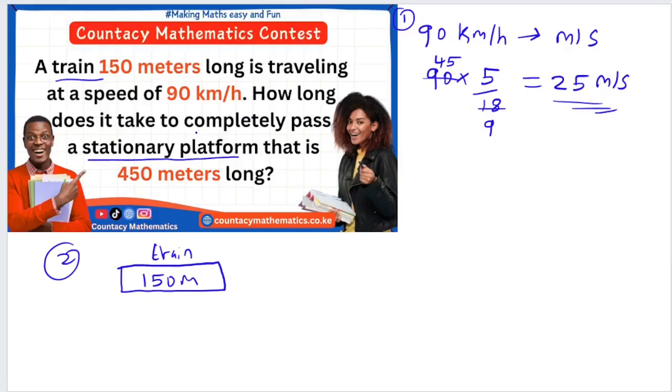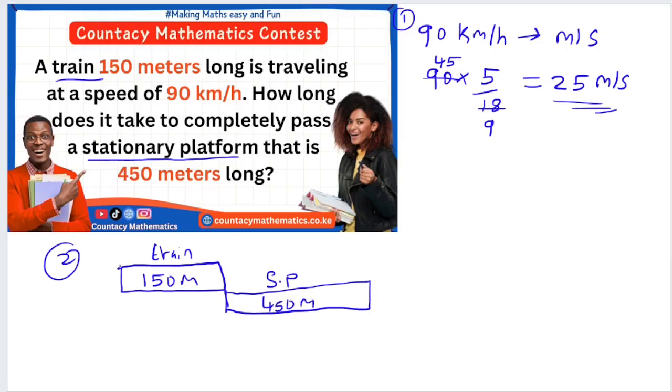And then you are told that there is a stationary platform, let's assume it is somewhere here. This stationary platform is 50 meters long.